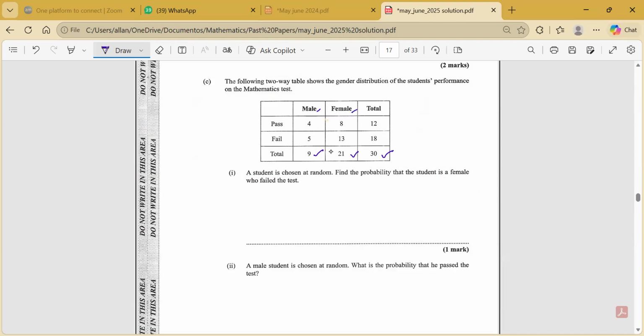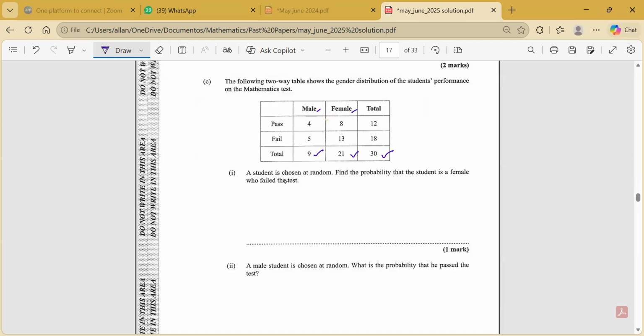Out of the 9 males, 4 of them passed and 5 failed. Out of the 21 females doing the exam, 8 passed and 13 failed.